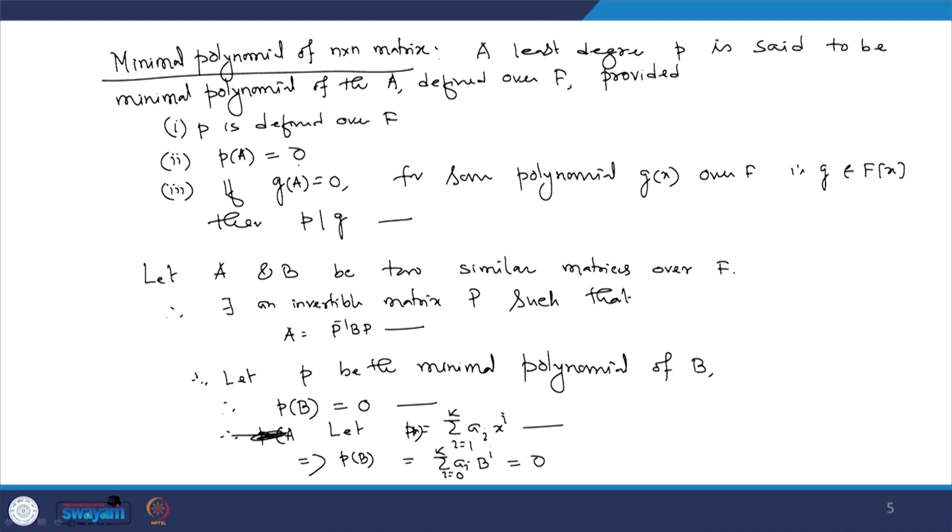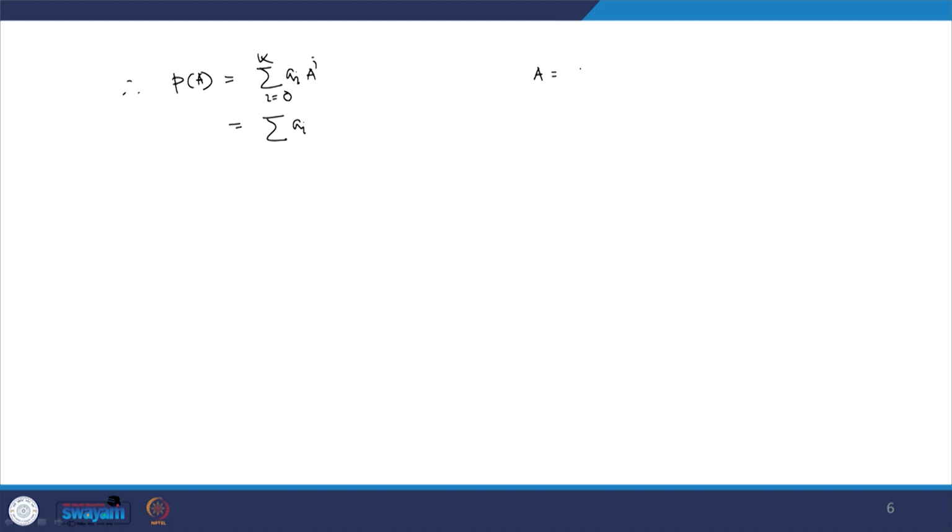So, p(A) is equal to sigma a_i A to the power i, i equal to 0 to k. We know A equal to P inverse BP.